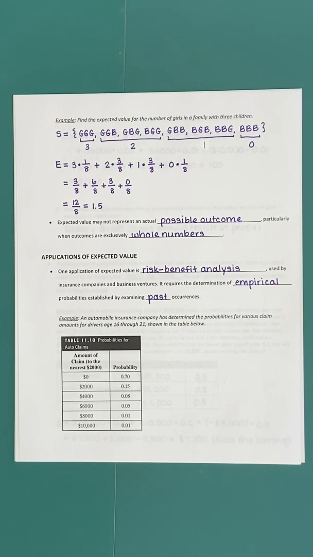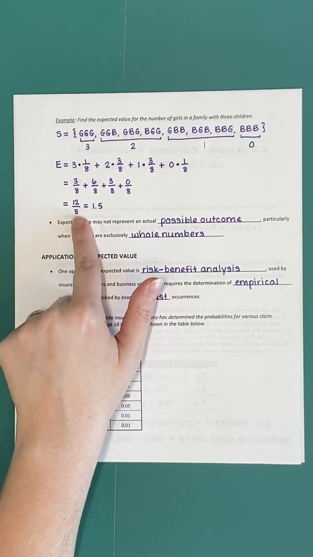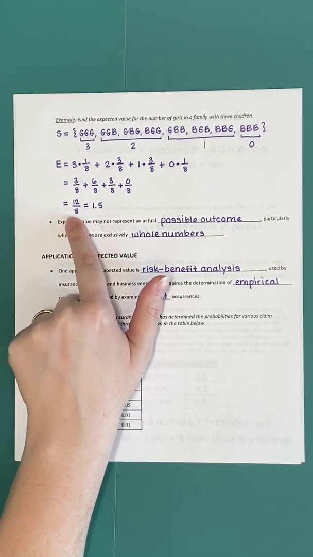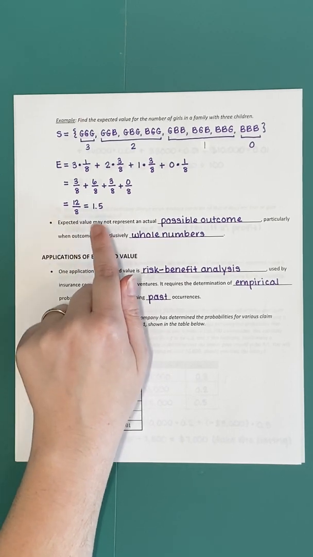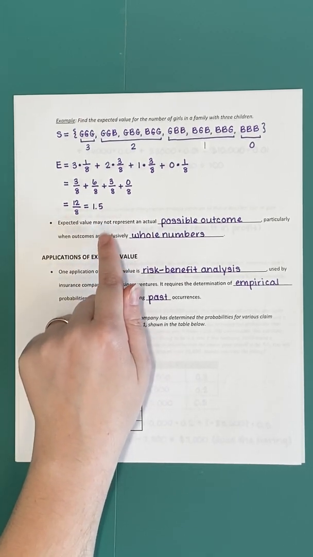So just to sum up this whole idea of getting the expected value and interpreting it, it may not represent a possible outcome, particularly when our outcomes are exclusively whole numbers. So if we're averaging and then based on dividing, it's the division that gives us a problem. We're dividing to take an average, but anytime we divide, we run into the possibility that we end up with numbers that are decimals.